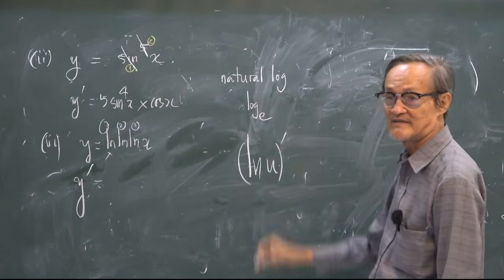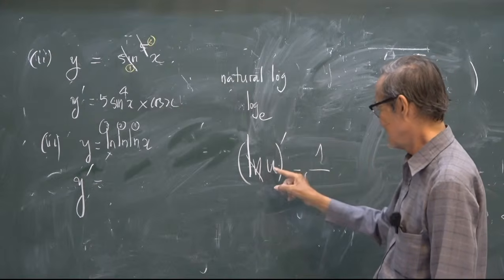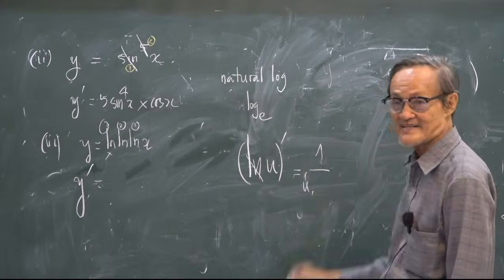We use the formula ln u of x, derivative 1 over u, times u prime.